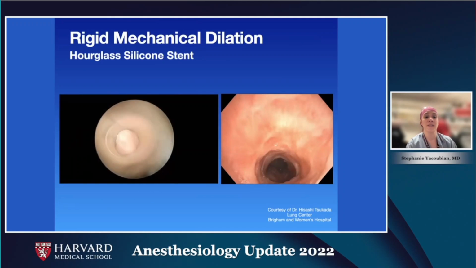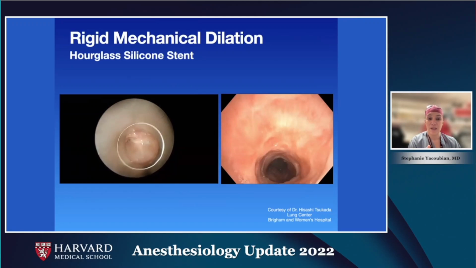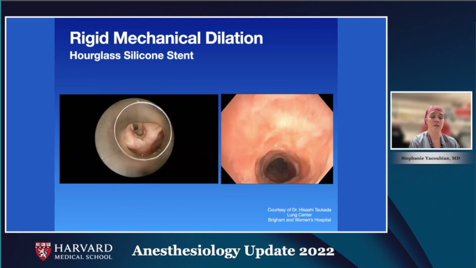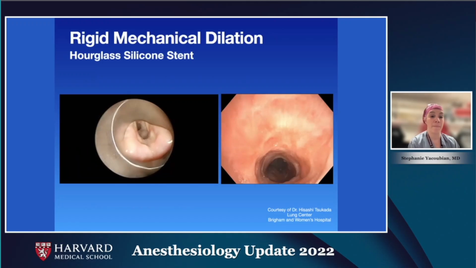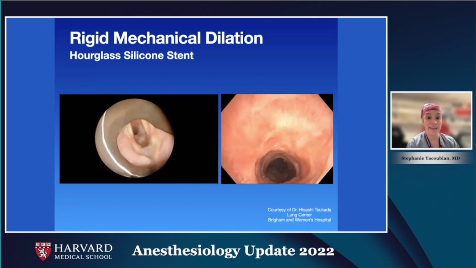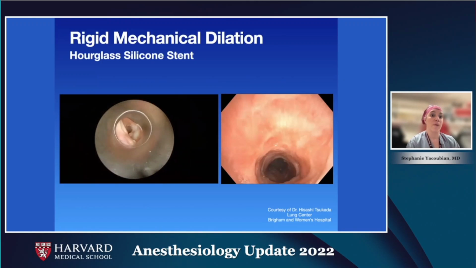So rigid bronch is a very nice way to ventilate these patients because through the rigid bronch, you could do jet ventilation and you can jet through the stenotic area and you can use the rigid bronch in order to dilate the stenotic airway.